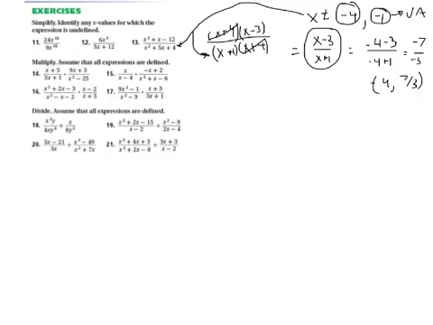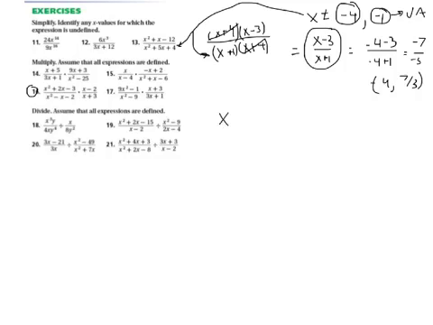All right, to multiply, I'll do 16 here. 16 is x squared plus 2x minus 3. But you know what? I'm going to factor that. I'm going to factor everything out. Make my life a little easier.